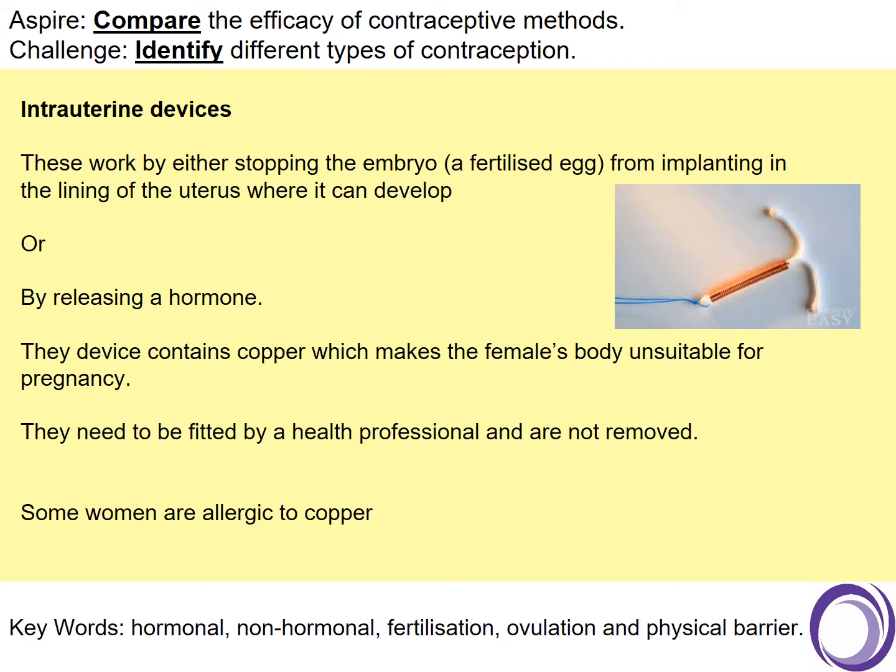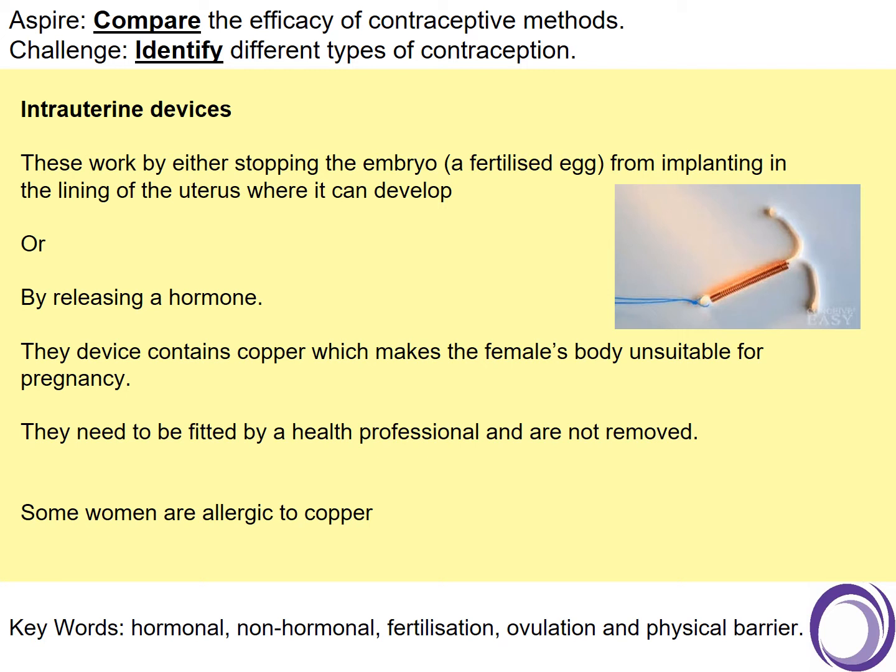One of the advantages is you don't have to think about it once it's been fitted. So the diaphragm and the condoms and the spermicides you have to use every single time you're having sex. But with the IUD, it's there and you can forget about it and not worry about it.